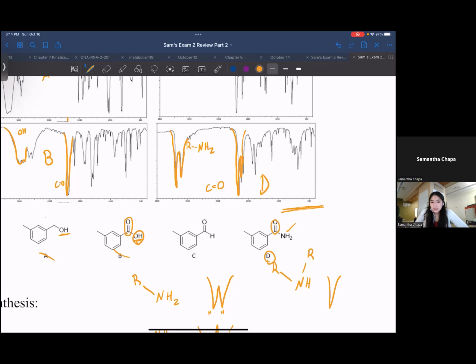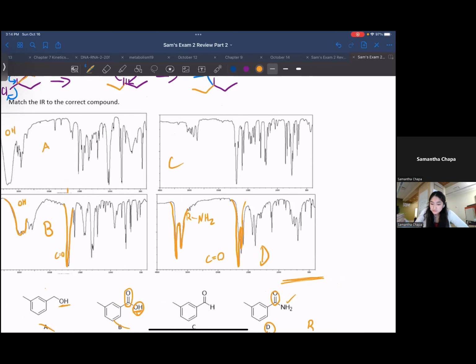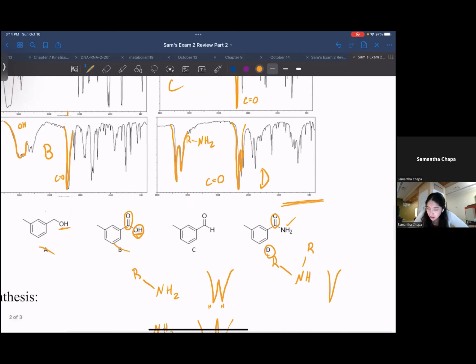By elimination, I was able to tell that this is C. But another way that you would be able to tell is, again, find the carbonyl group. This means C double bond O. And then I looked up the IR spectrum for aldehydes, let me check. And it was around the 2,700 mark.